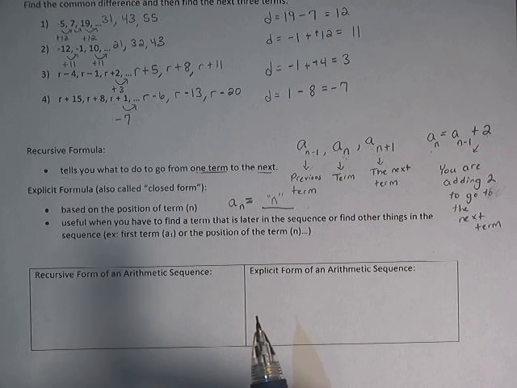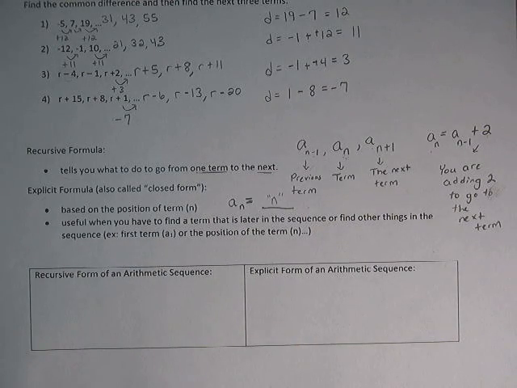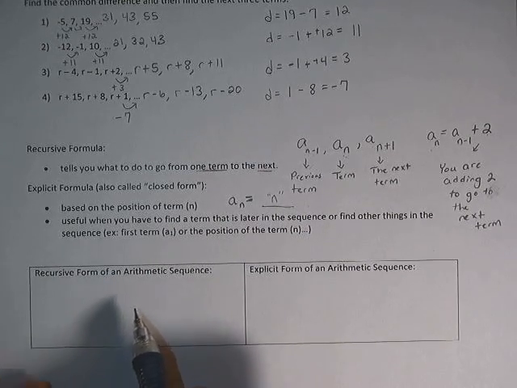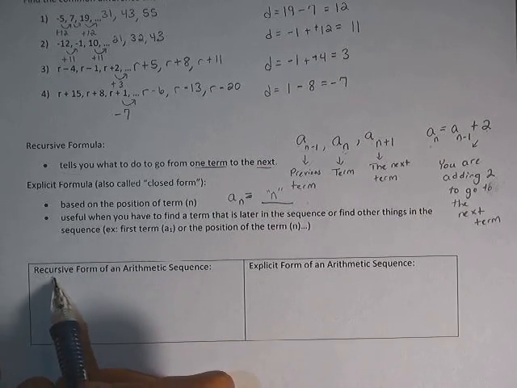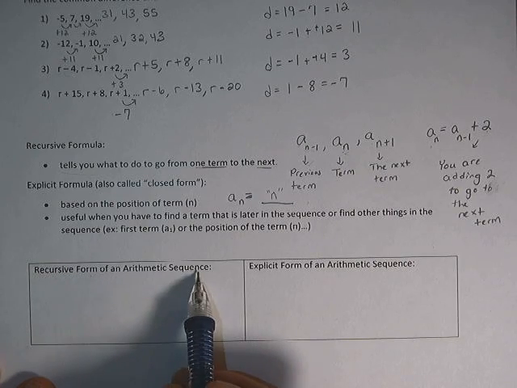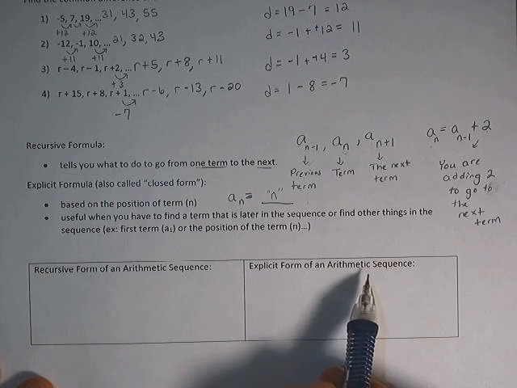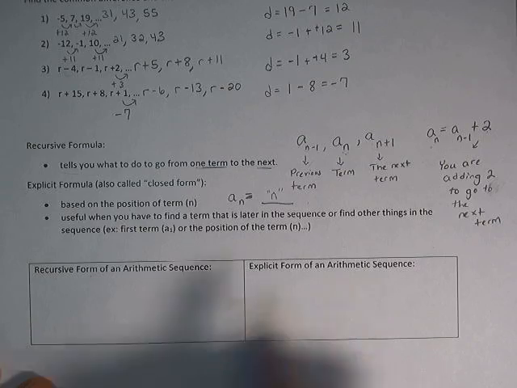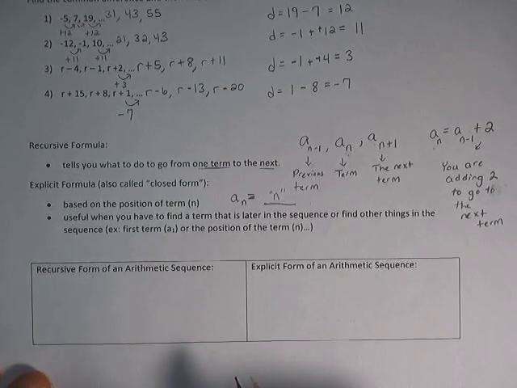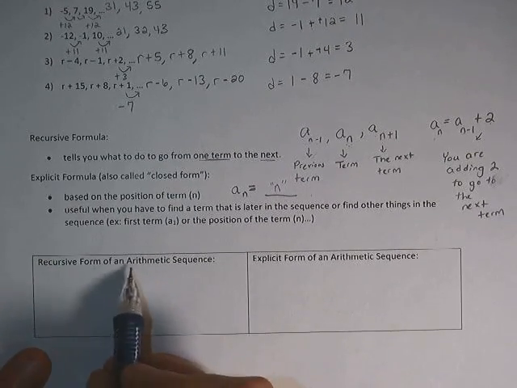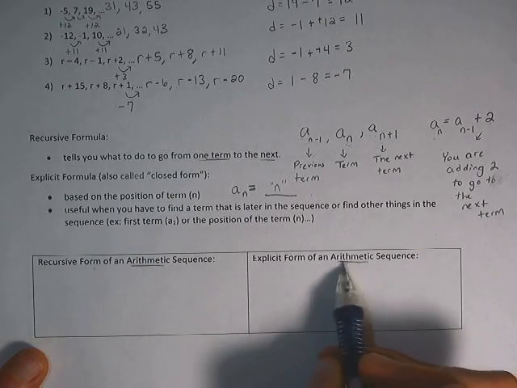Okay, so what we're going to concentrate on is the recursive form of an arithmetic sequence, and then the explicit form of an arithmetic sequence. So both of these equations will be very specific to the sequence that we have been concentrating on.